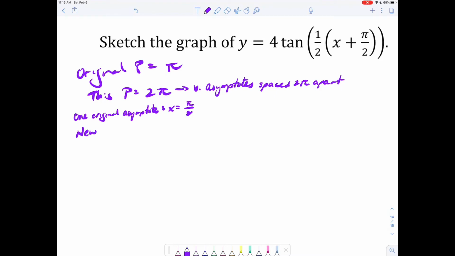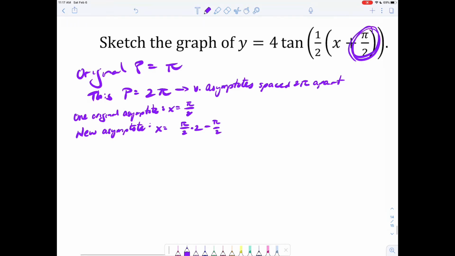So for one of our new asymptotes, x will be equal to our original one, but we're going to multiply it by 2, again because of this transformation, and we're going to subtract pi over 2 because of this transformation. So we do have a new asymptote at x equals, pi over 2 times 2 is pi, minus half is still that. So that's kind of nice.